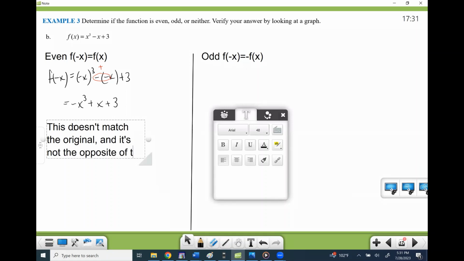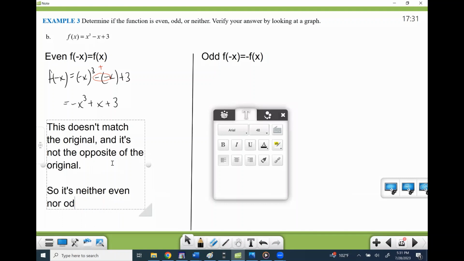The reason why I'm asking both is because that's what we're looking for. When we plug this negative x in, does it get me the original back? Or does it get me the opposite of the original? It's not getting us either, so we're going to say it's neither.